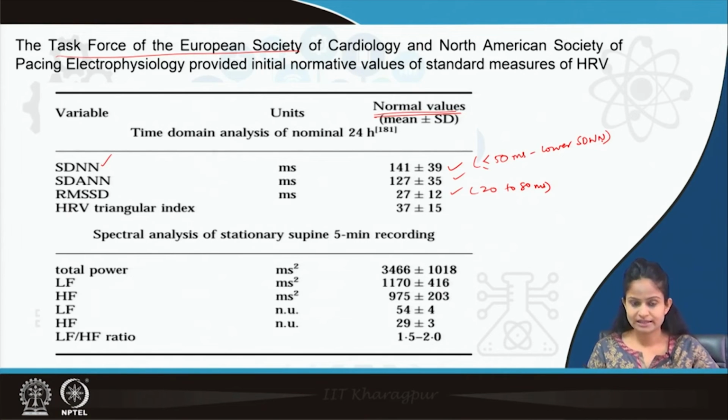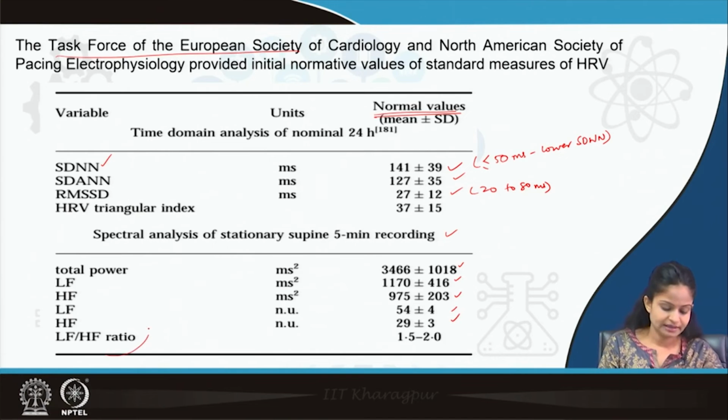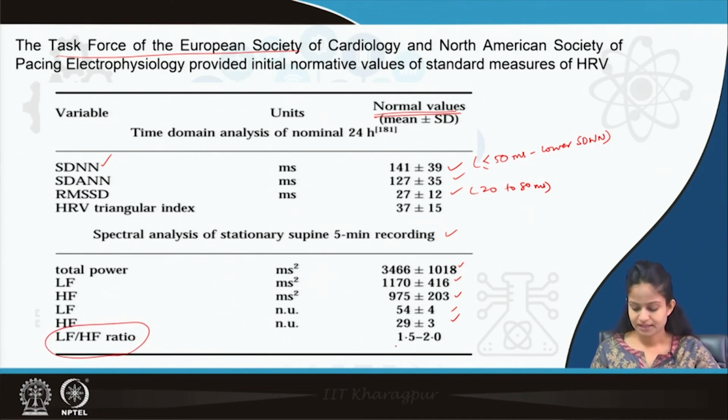Then we have the spectral analysis. In case of a 5-minute recording, total power is 3466 ms2, LF low frequency is 1170 ms2, HF 975 ms2. Similarly, we have the normalized units of LF and HF, and finally the LF/HF ratio. As I told you, the normal value of the LF/HF ratio should be below 2, and 1.5 to 2 is the normal range.